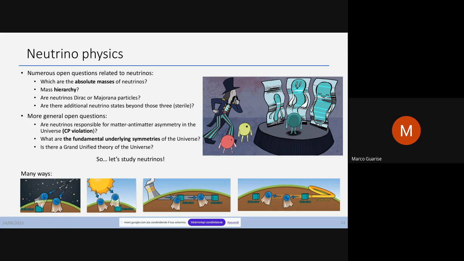Of course, one is studying atmospheric neutrinos, but also neutrinos from the sun, from a nuclear reactor, or produced by accelerator. And today we concentrate on this last one. So we will see how we can do this and try to solve these questions with DUNE.